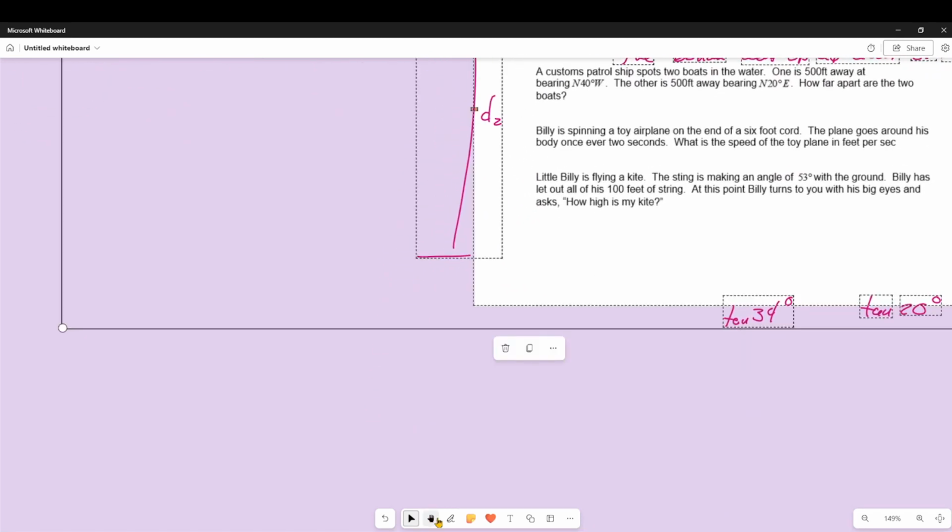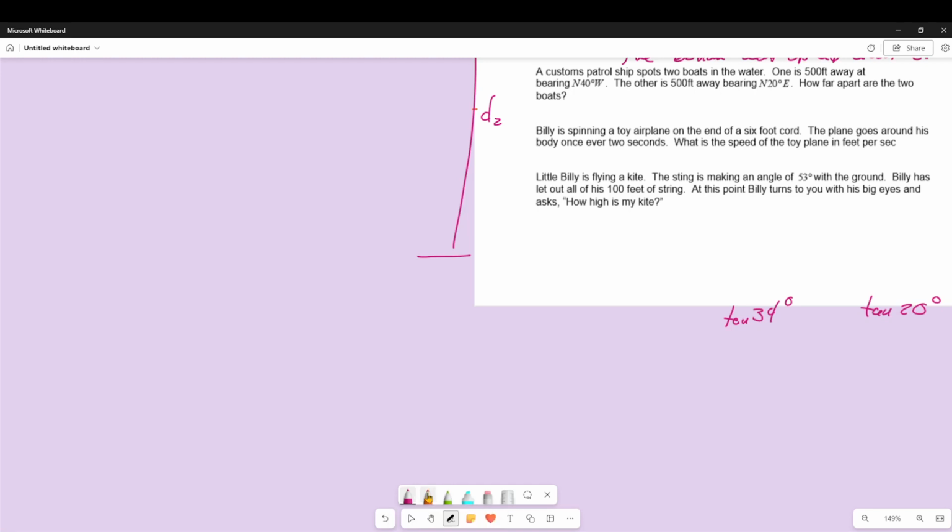And we got some boats. Boats are fun too. So a customs patrol ship spots two boats in the water. So we've got a customs patrol ship. It notices two boats in the water. One is 500 feet away at a bearing, so it's somewhere way over here, 500 feet, at a bearing of north 40 degrees west.